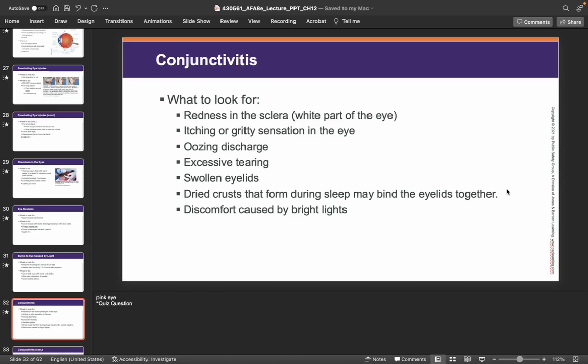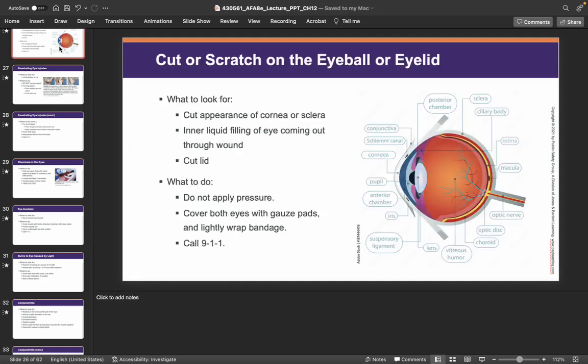Conjunctivitis. Okay, so the common name for conjunctivitis is pink eye. Okay, so if we go back to our eye anatomy picture, the conjunctiva is the very outside lining right on top of the cornea, right here.